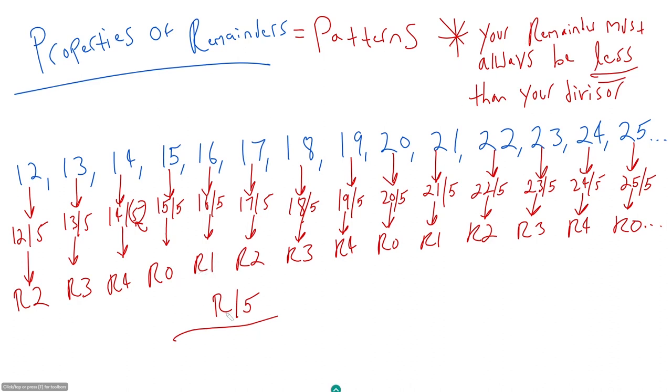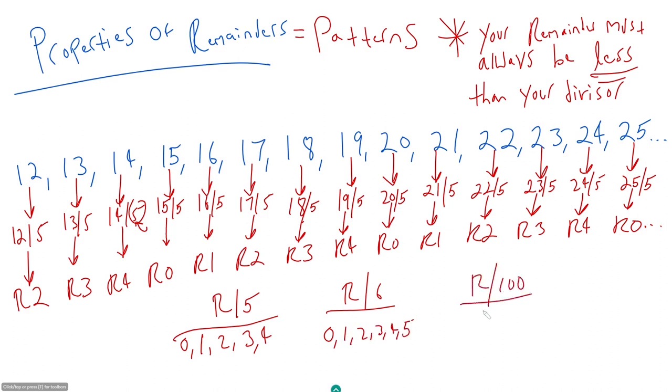Well, since your remainder must always be less than your divisor, your remainder could be 0, 1, 2, 3, or 4. And don't forget the 0 is a possibility. So if you're dividing by 6, your possible remainders are 0, 1, 2, 3, 4, or 5. And if you were dividing by 100, your possible remainders are any integer from 0 to 99.